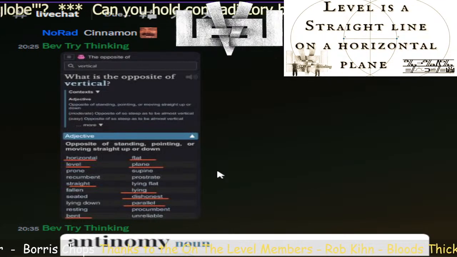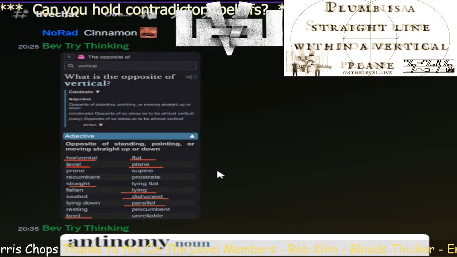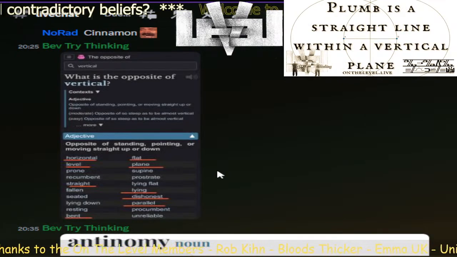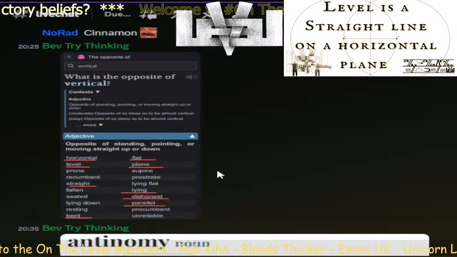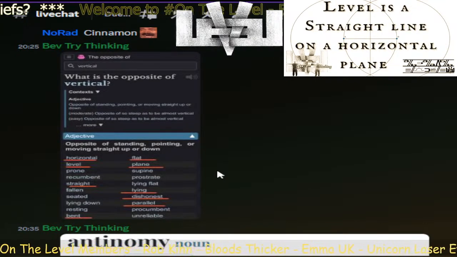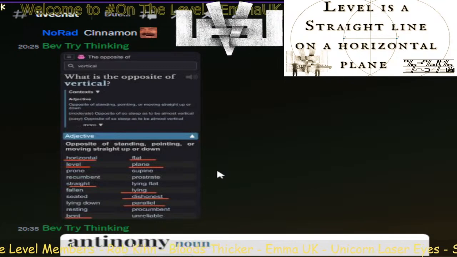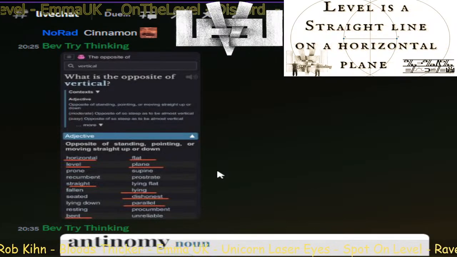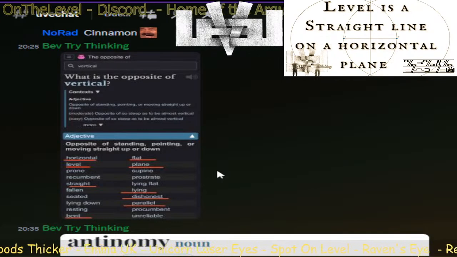Okay, if we have these three words, horizontal, flat, and plane, only one word is in opposition to vertical, only horizontal. No, level's in opposition to vertical also. And level, okay. Yeah. But I am talking about, okay, let's take four: horizontal, level, flat, and plane. Yeah.